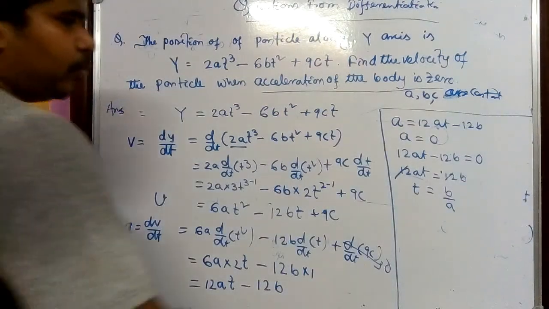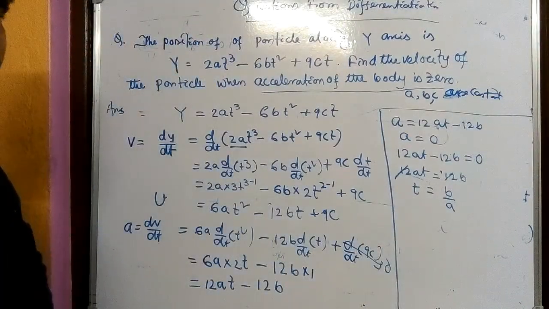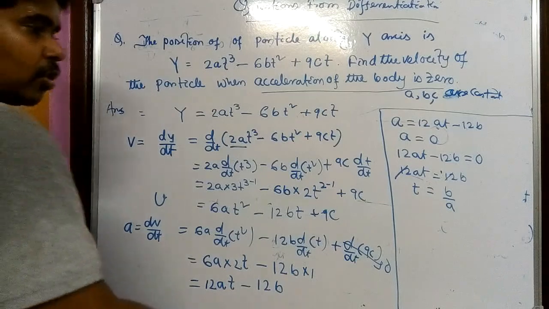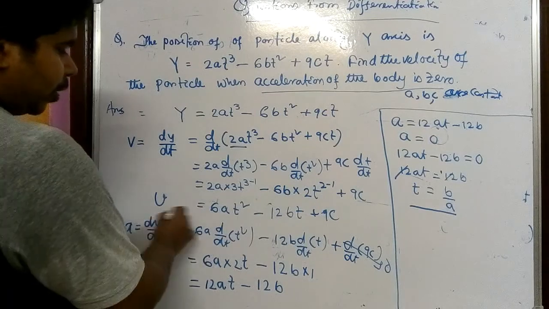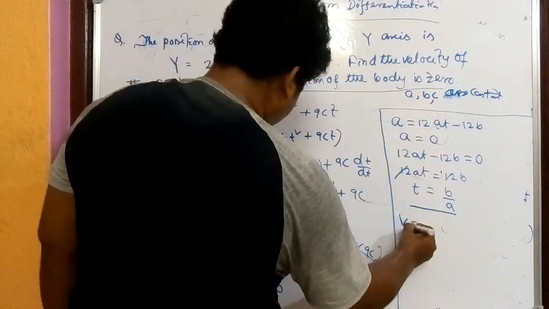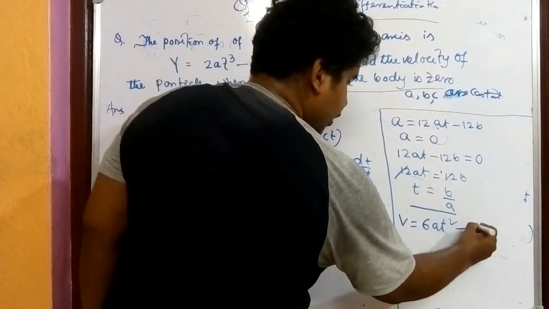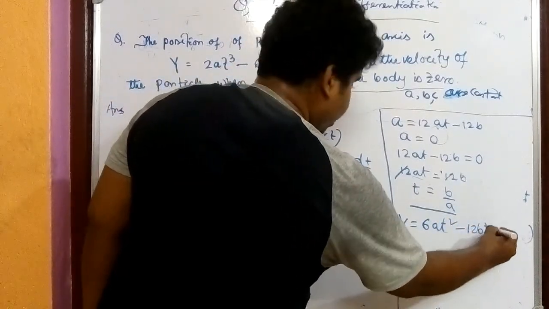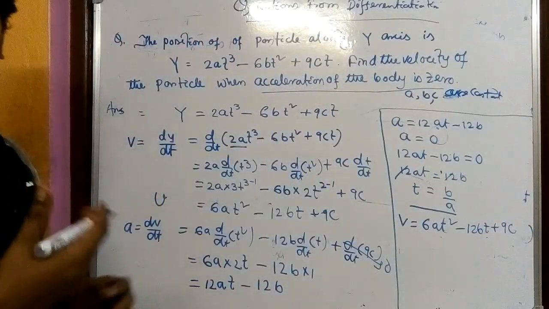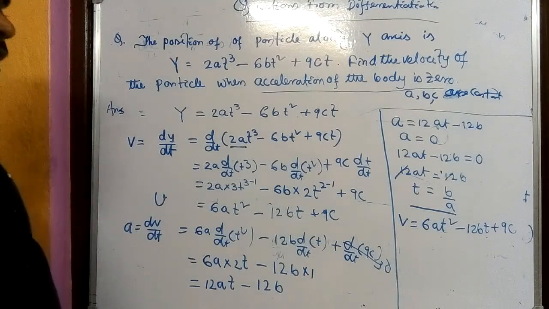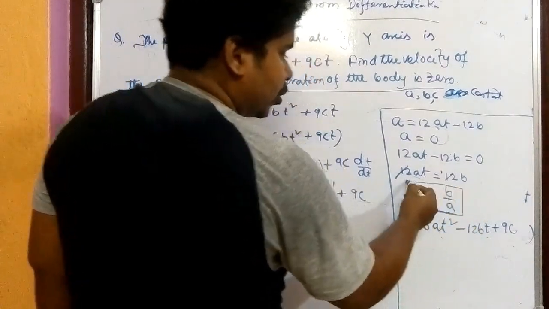Now if I put the value of b by a into the velocity, I'll get the velocity when the acceleration is 0. So as t equals b by a, I have to put it in the velocity. So velocity v equals how much? 6a t square minus 12bt plus 9c. Here t is the variable quantity, time. But when acceleration is 0, we get the time, t equals b by a.